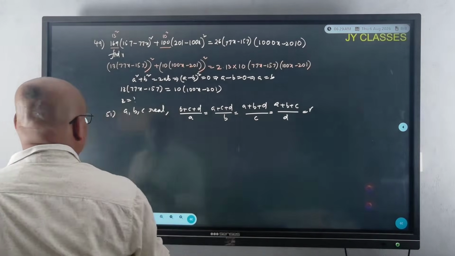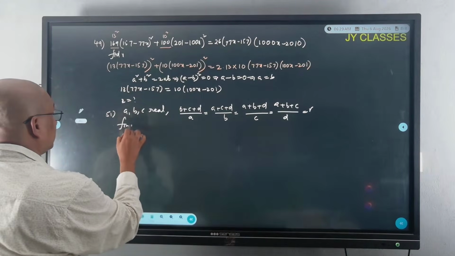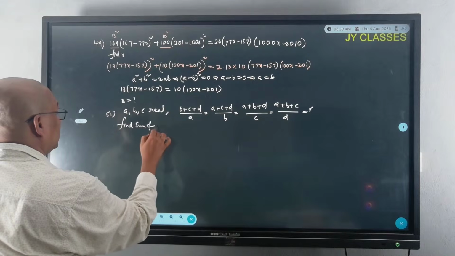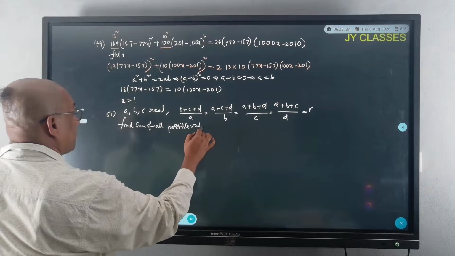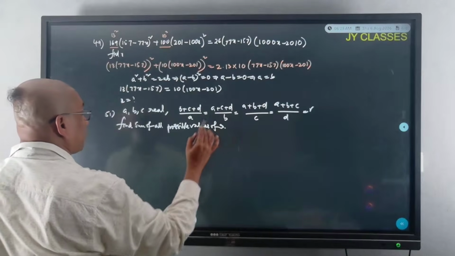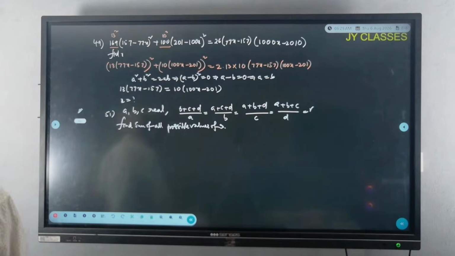Find the sum of all possible values of r.